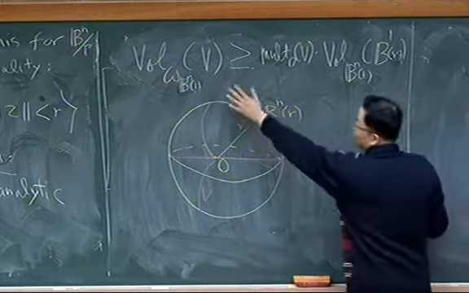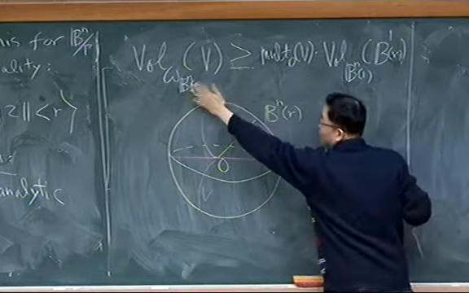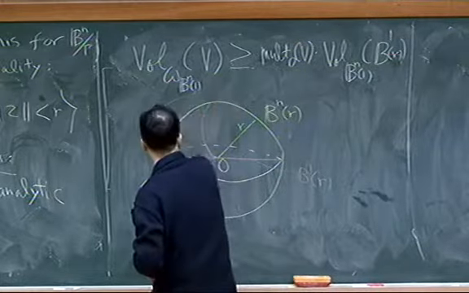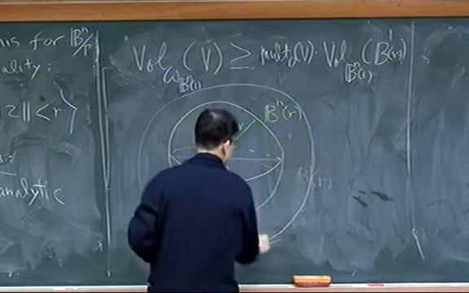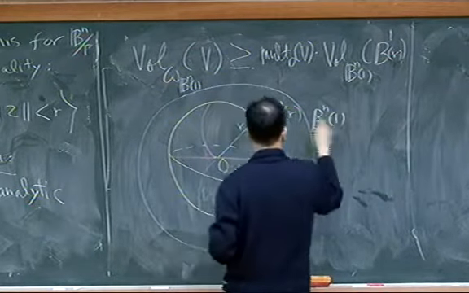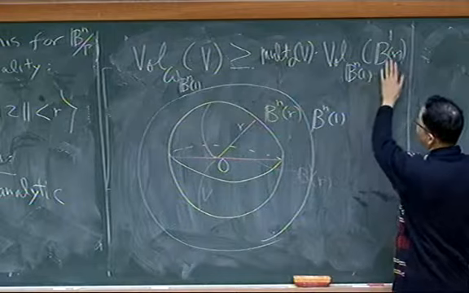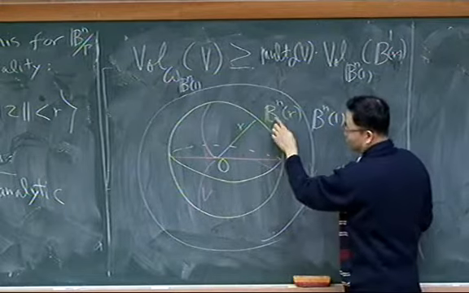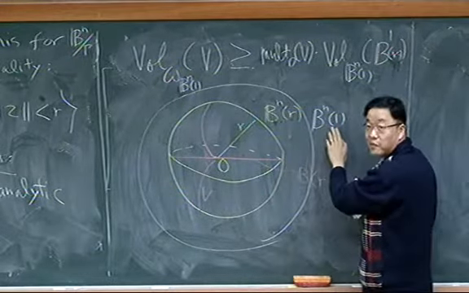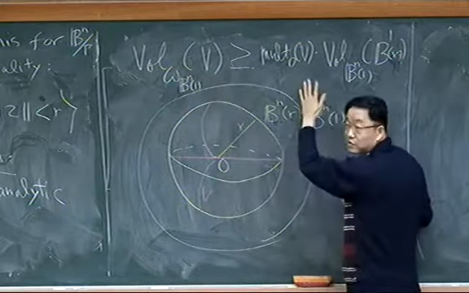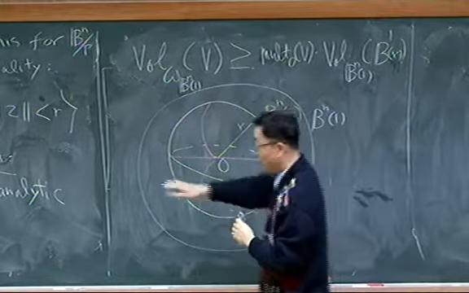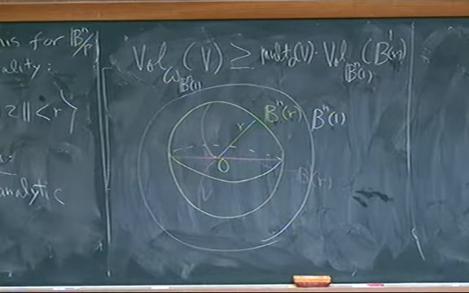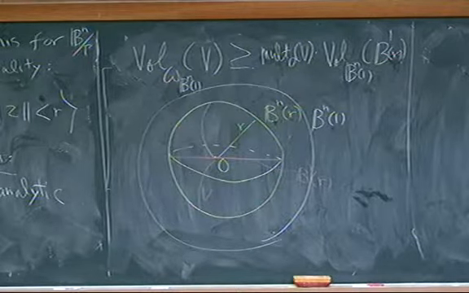The same inequality holds if you replace the Euclidean metric by the hyperbolic metric. Of course, the ball is bigger now, and R is the hyperbolic radius. So you consider a geodesic ball with respect to the hyperbolic metric, and then the same inequality holds. That is our result in '99. And using this inequality together with this numerical condition, we can check the very ampleness. So that was the proof.